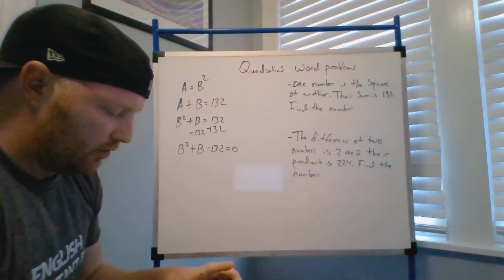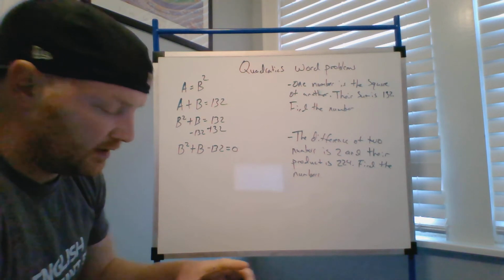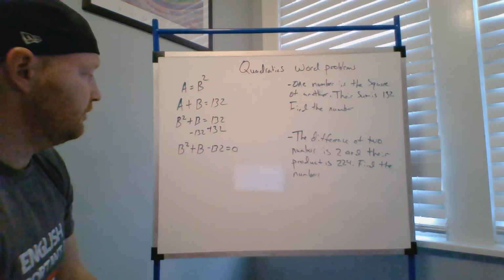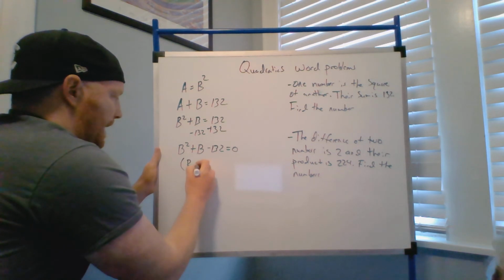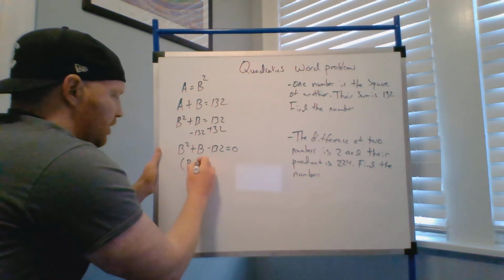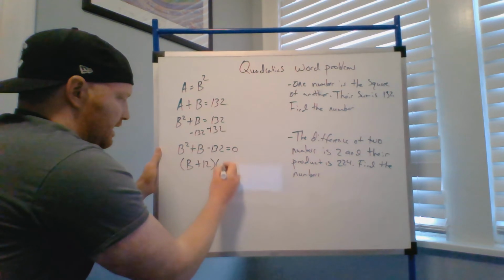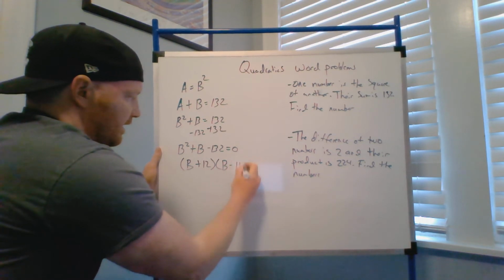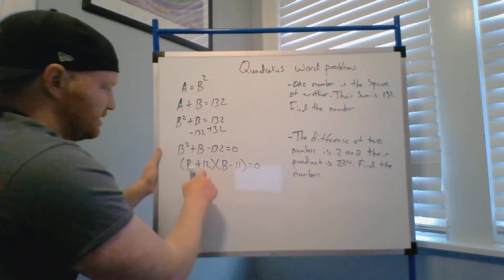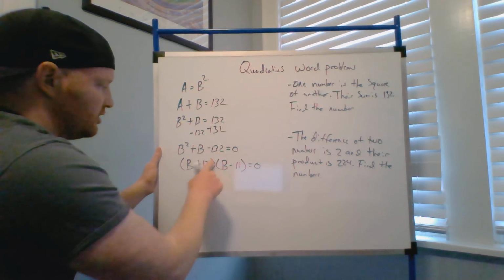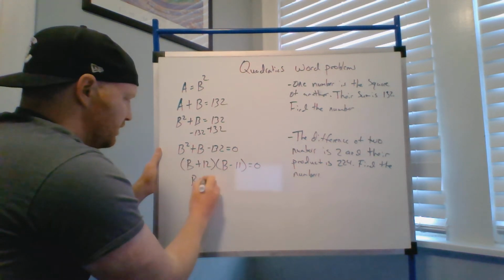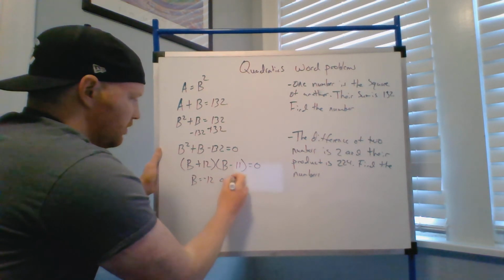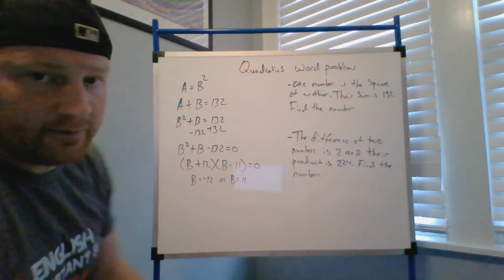I know that 12 times 11 is 132. So I now know the factors are B plus 12 and B minus 11, because this multiplies to negative 132 and 12 minus 11 adds to 1. So B equals negative 12 or B equals 11.